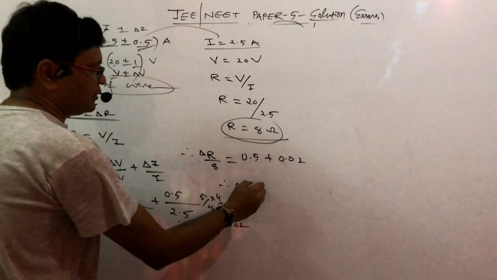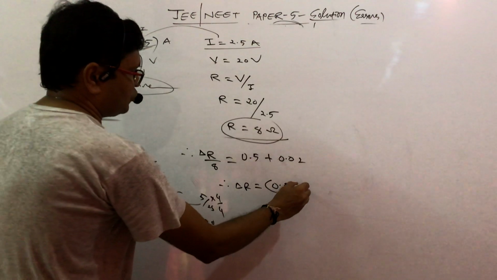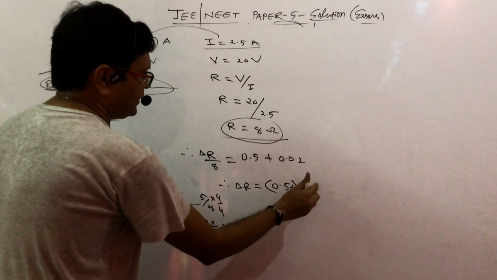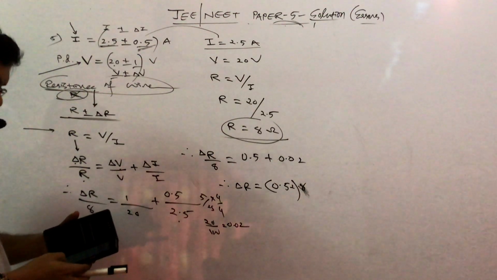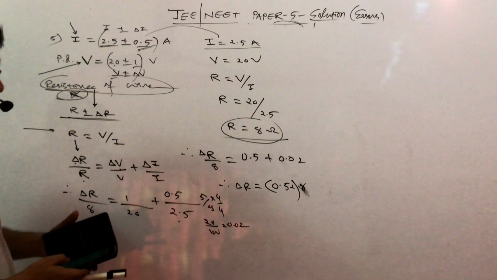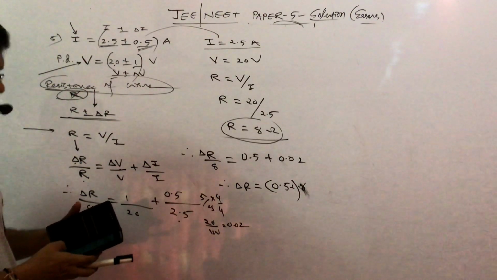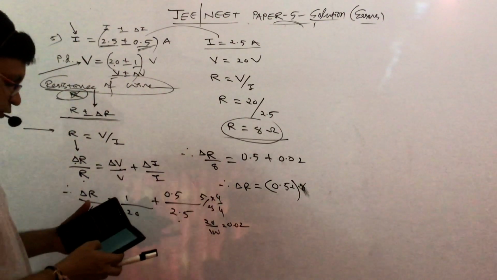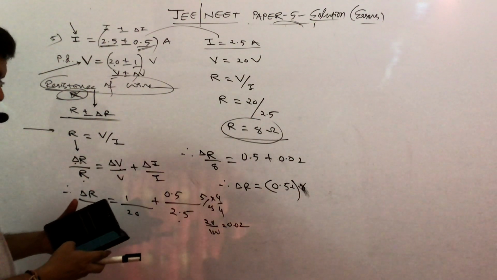Definitely you have a calculator, so you can do it directly. So delta R is equal to the sum multiplied by 8. Check it. In the calculator, 0.5 divided by 2.5 is 0.2.